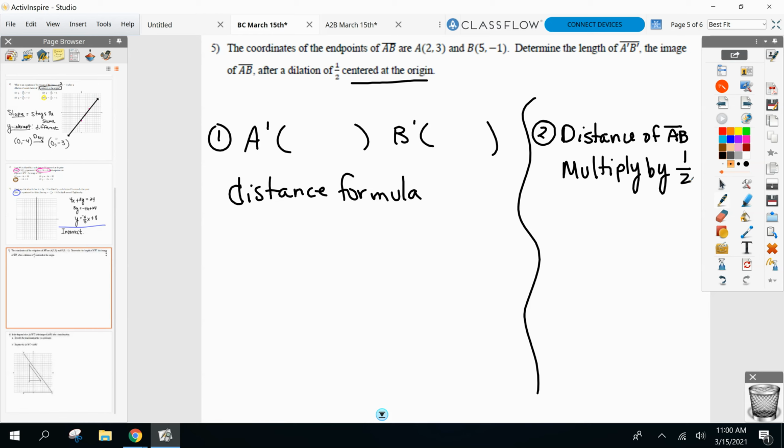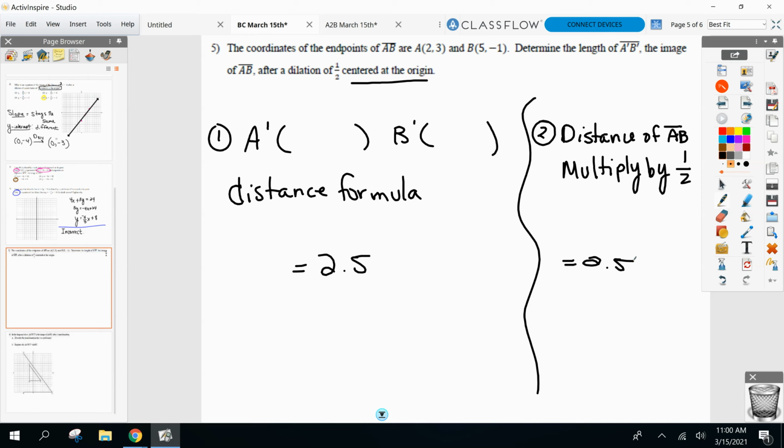Okay, hopefully you guys are finding either method, the distance of A prime, B prime, 2.5 units. Okay, the distance of AB turned out to be the square root. I think I did something wrong in that case because I got square root of 8. Which method did you use? The first one.